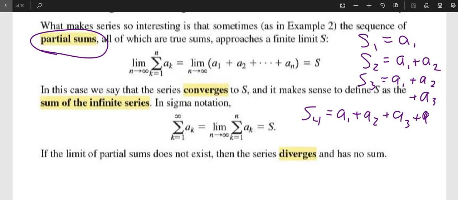Now, what's so interesting about that? Well, when we start looking at these partial sums, we can then find out if the partial sums converge. Now, what does converge mean? Converge means gets close to a single number.